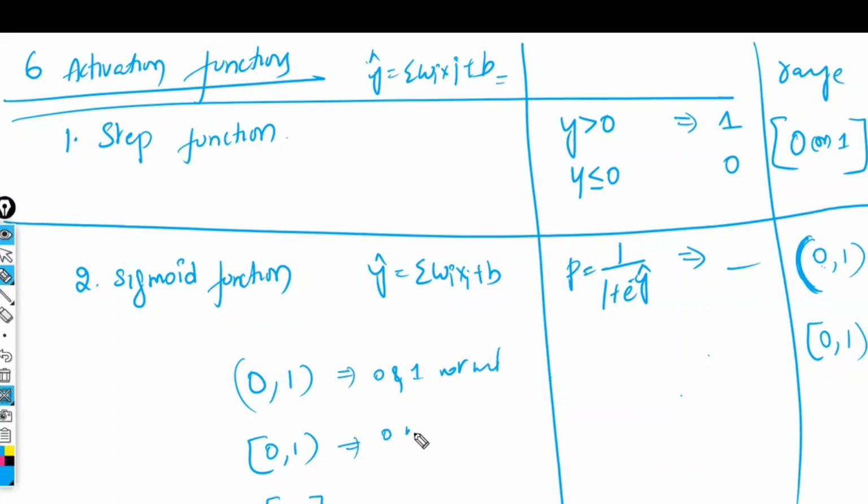In this case, 0 is included, 1 is not included. In this case, both are included, 0 and 1. Where a square bracket is there, that value is included. Where it is not, it is not included. Normal bracket means not included, square bracket means included. That is the mathematical notation.